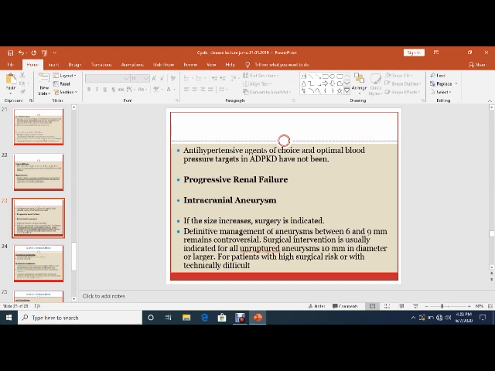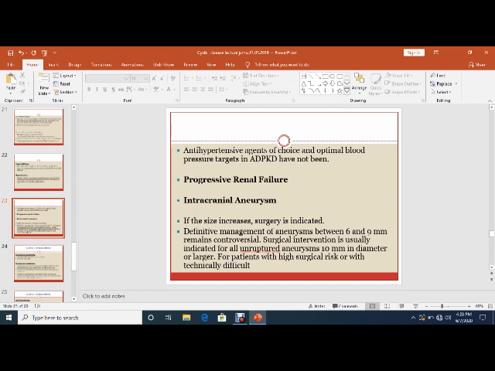These are the drugs of choice for the control of blood pressure if the renal function is normal. If these patients present with end-stage renal disease and uncontrolled blood pressure, then we should give calcium channel blockers, alpha receptor blocking drugs, or vasodilators.